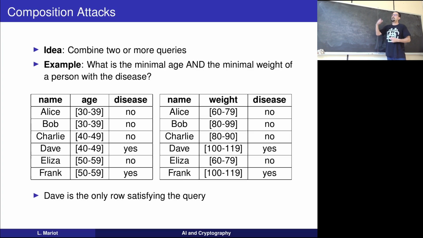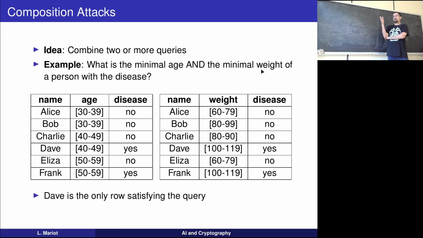So in these two databases, for example, we have on one side the same database with the age generalized with k-anonymity where k is equal to 2, and the other one with the weight also k-anonymized with k equal to 2. And we are going to use two queries and combine them on these two databases, asking what is the minimal age and the minimal weight of a person with the disease.